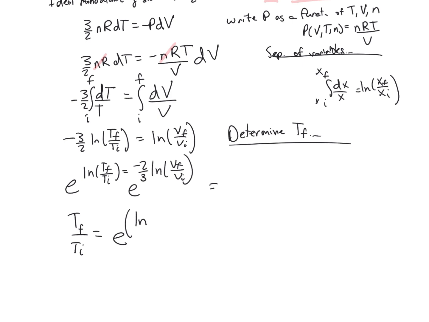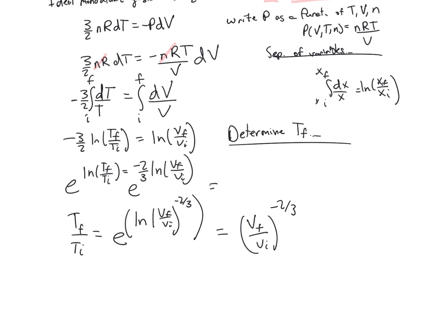So I can make this into ln vf over vi, all of that to the negative 2/3. The reason we do that is because now when I do e to the ln of that, I just get my volumes there. So that's going to be equal to vf over vi to the negative 2/3.